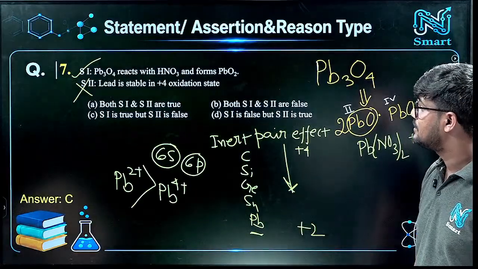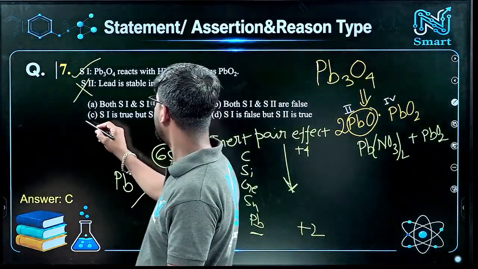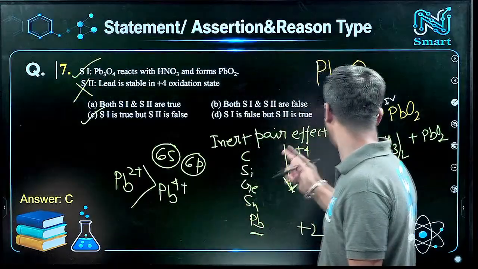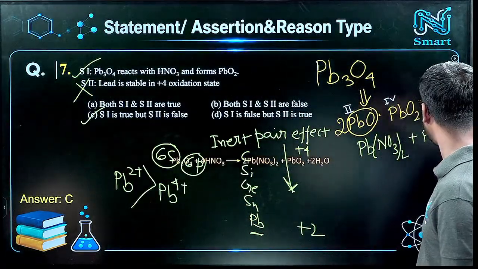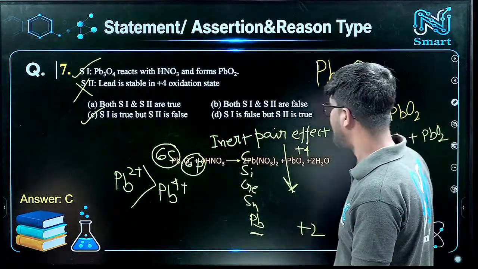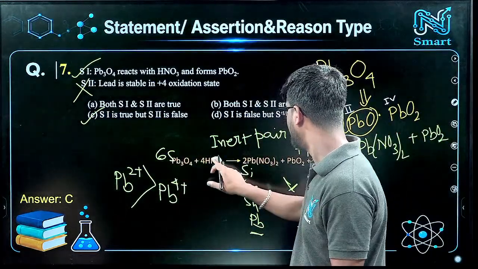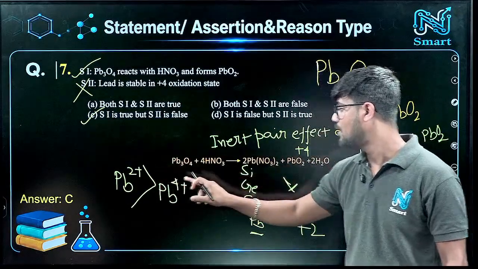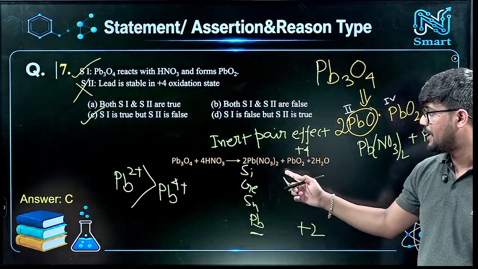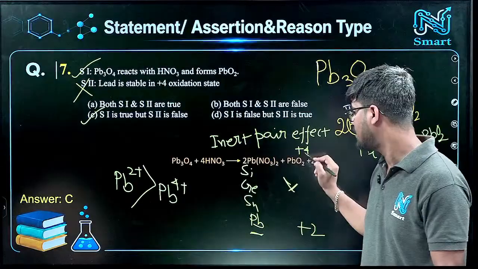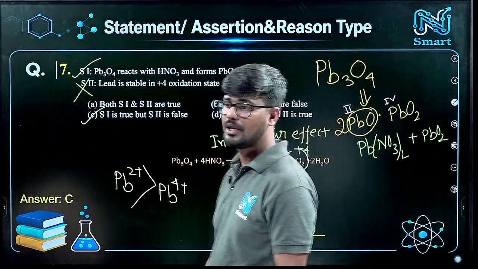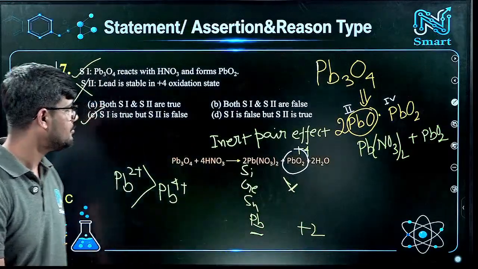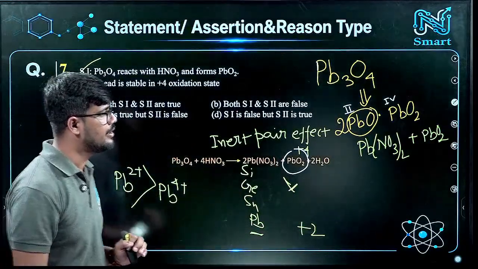Okay, so answer C. And based on this reaction, you can just write down this reaction: Pb3O4 plus 4HNO3 gives Pb(NO3)2 plus PbO2, and because of that we will get a precipitate. Some precipitate we will observe. This is also a very good question.